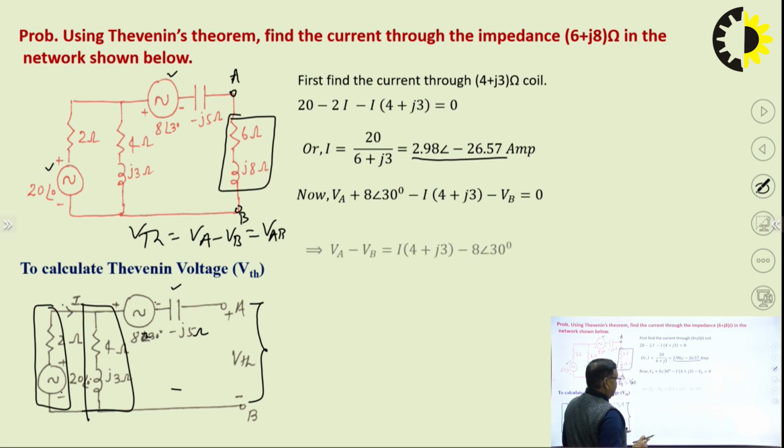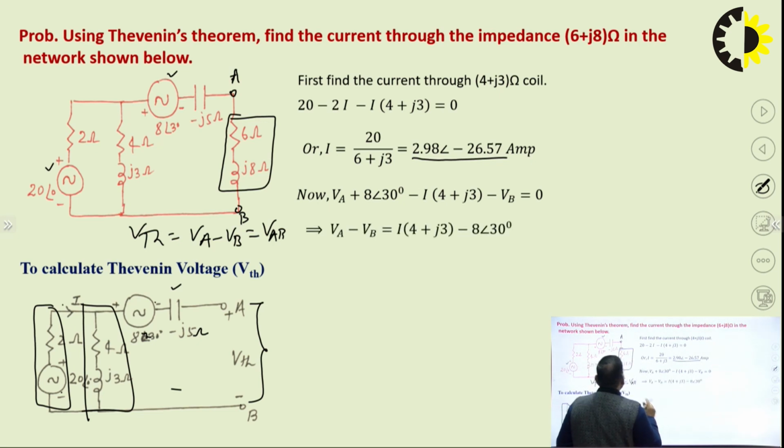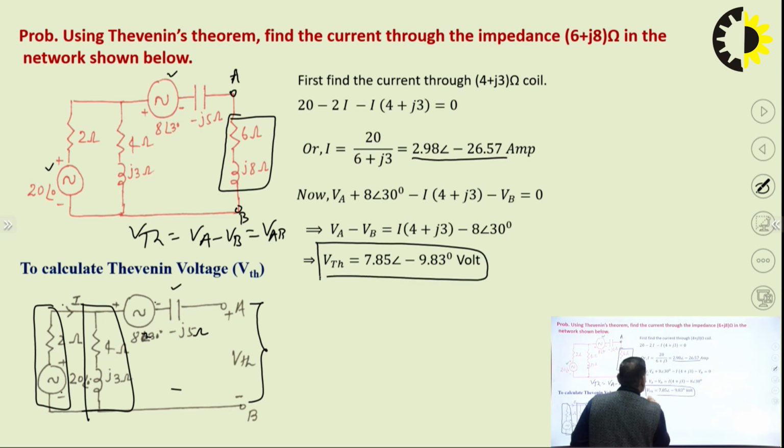If we equate, VA minus VB is nothing but the VTH. So, VTH is this much. So, this way we can calculate VTH. What is VTH? VTH is nothing but the open circuit voltage across the terminals of the network.